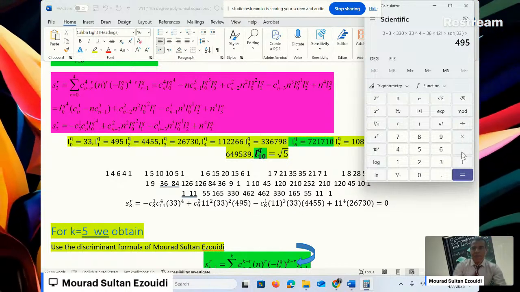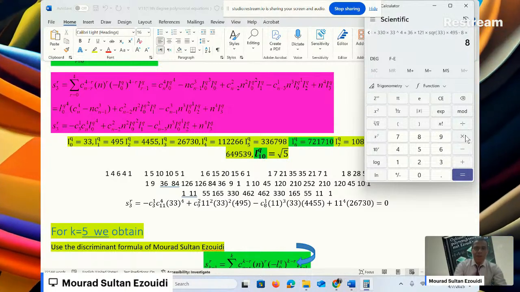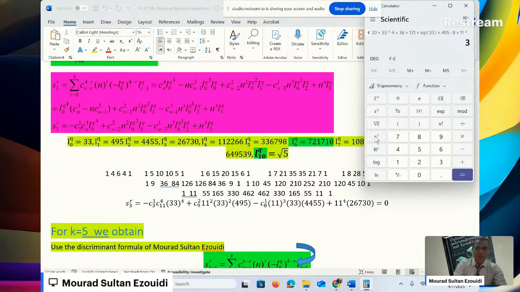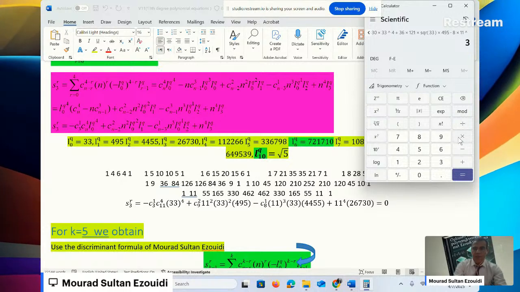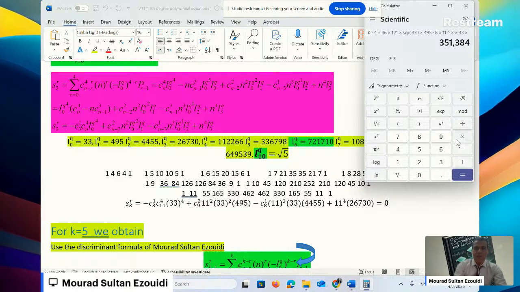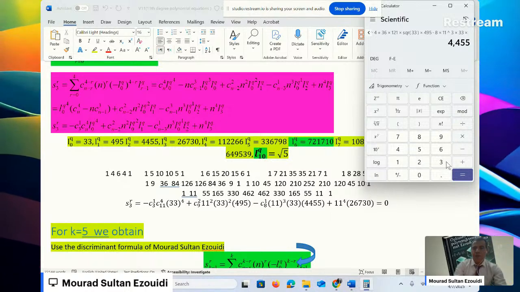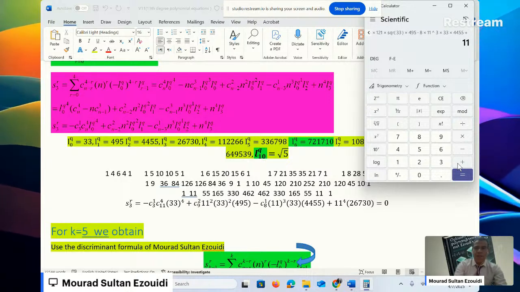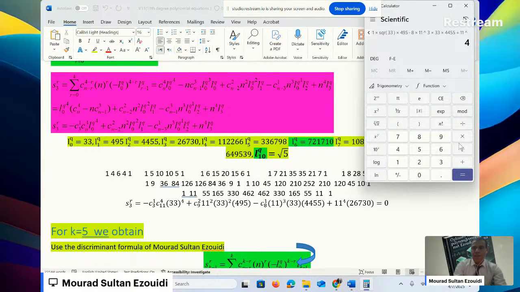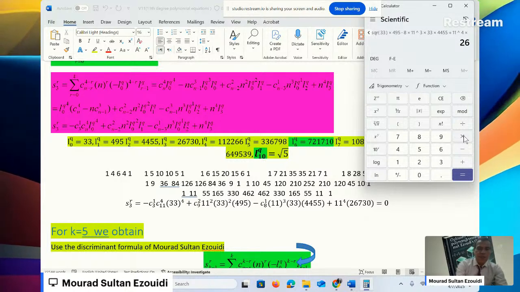Minus 8 multiplied by 11 cubed times 33 times 4,455. Then plus 11 raised to the power 4 multiplied by 26,730.